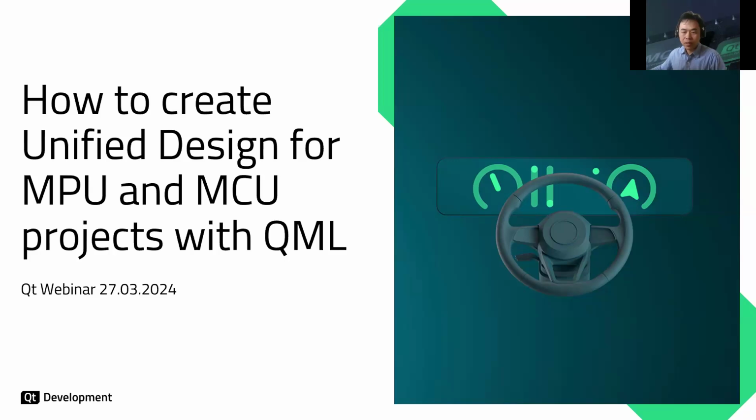So before we start, let's clarify that in this context, MPU means microprocessors. Normally they are ARM cores, like the Cortex A series, A7, A8, A9, and so on. And normally they run Linux and other operating systems. And MCUs are microcontrollers.